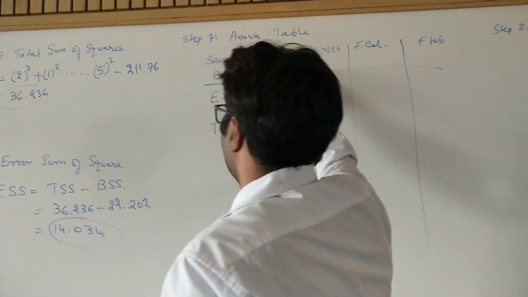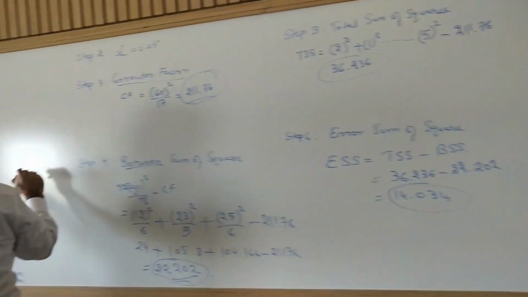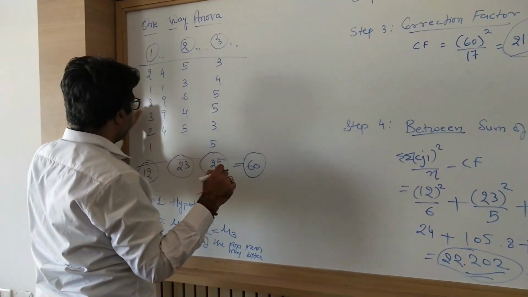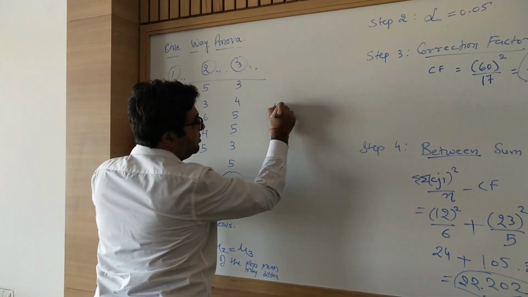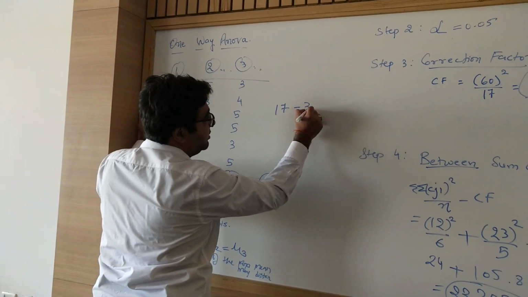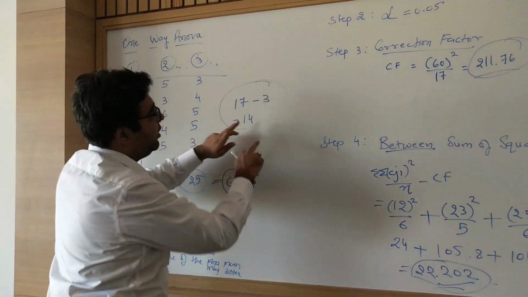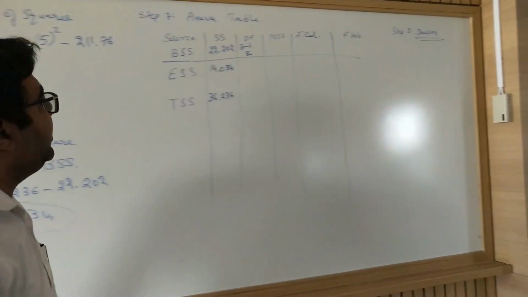That is an important part. Next comes ESS, error sum of square. Here we need to count the elements. The elements were 17 minus the 3 treatments. So 17 minus 3 is 14. This is the degree of freedom for our ESS.